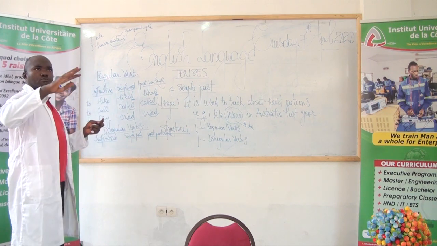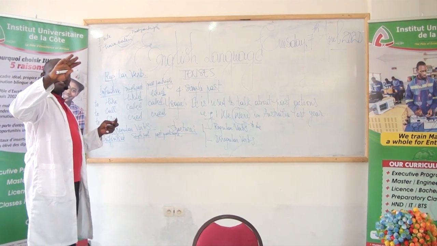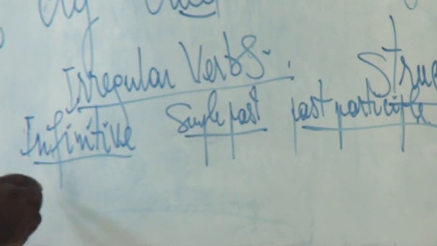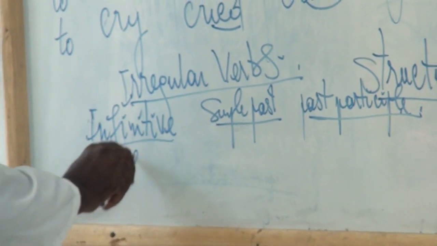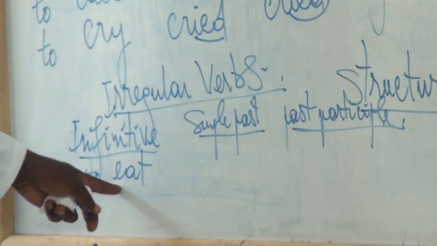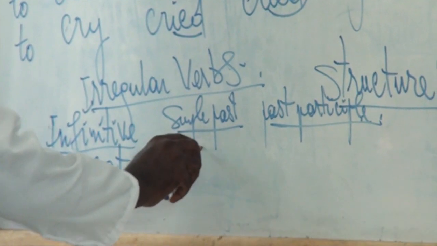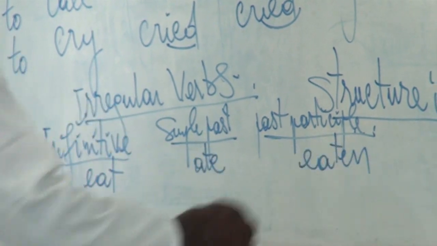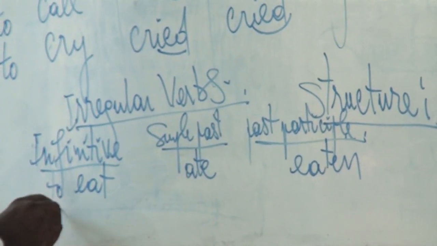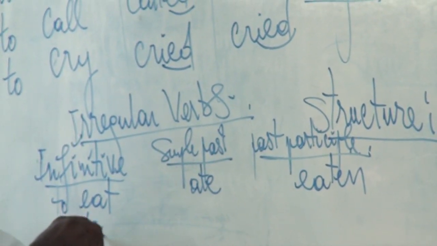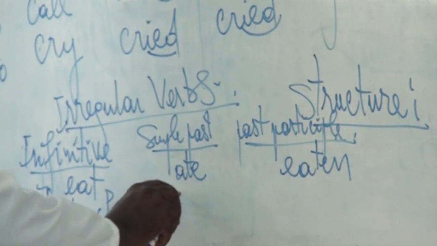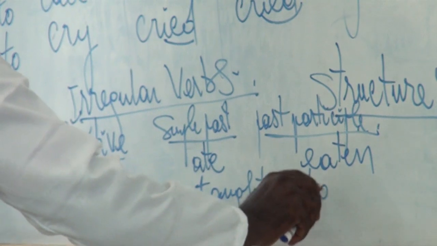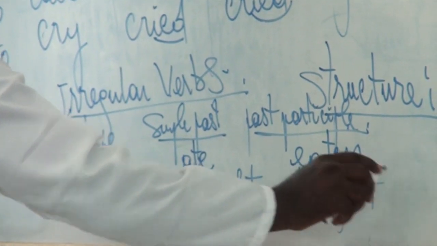Okay. We have about 178 irregular verbs. Okay. Let's take, for example, the case of to eat. The simple past tense is ate, and the past participle is eaten. If we take the case of the verb to teach, the simple past tense is taught, and the past participle is taught.